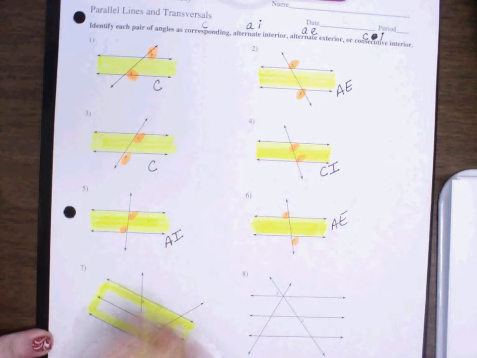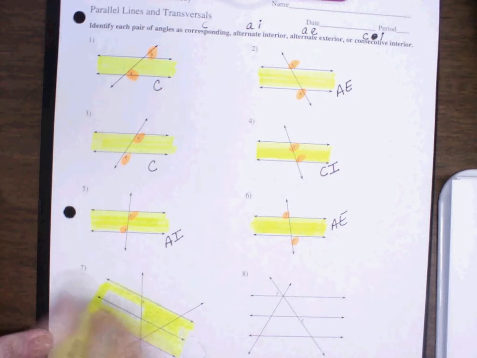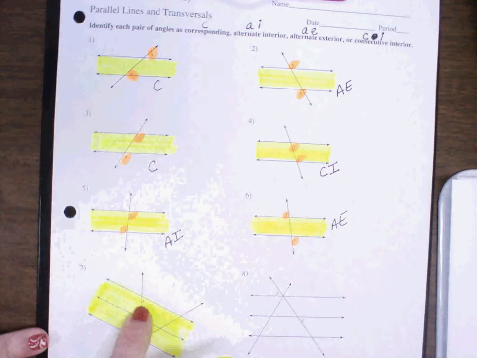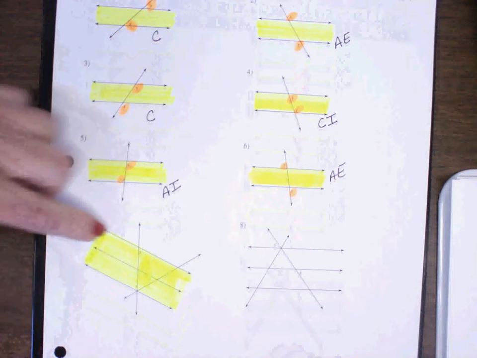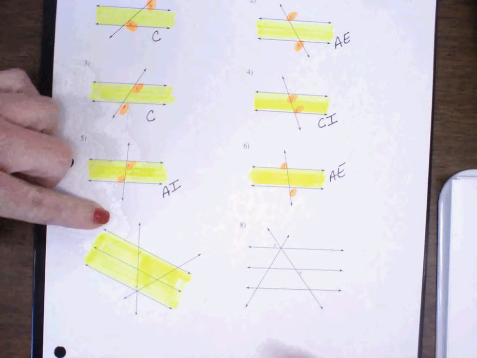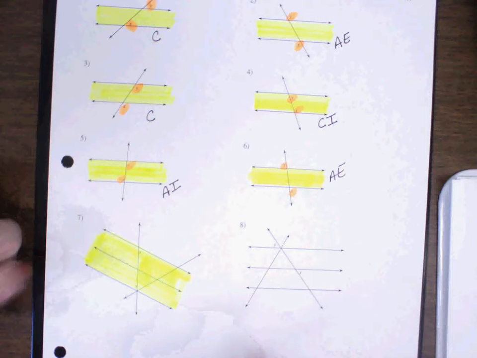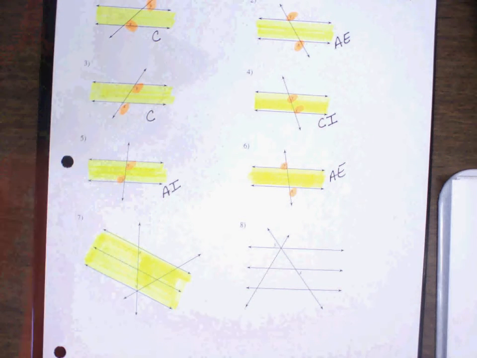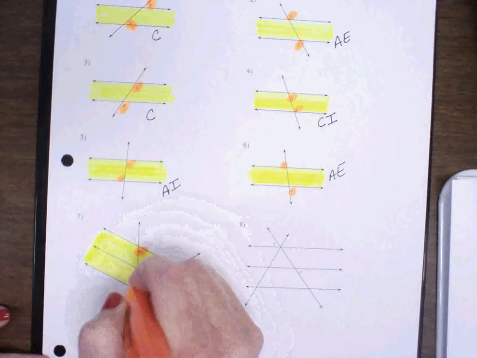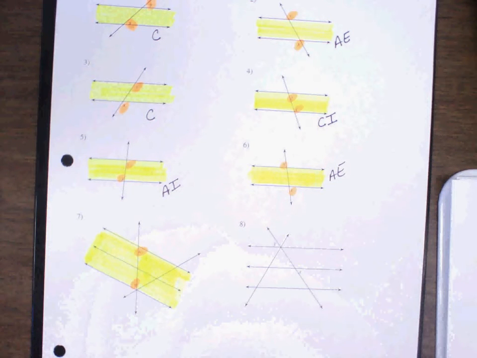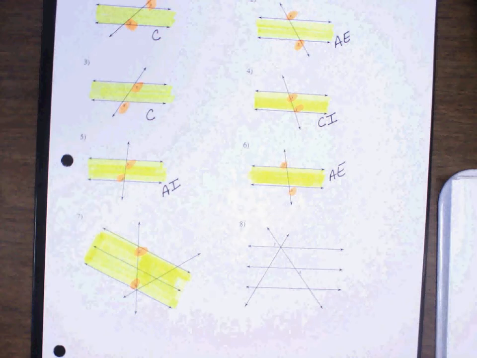Because that X is on this parallel line, and then that Y is on that parallel line. And they are on this transversal.